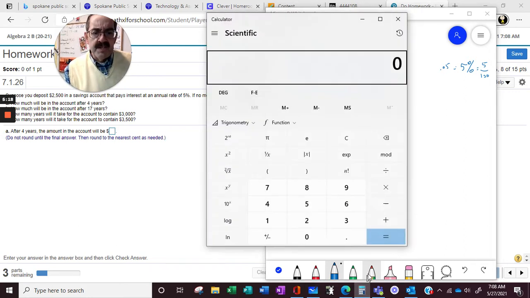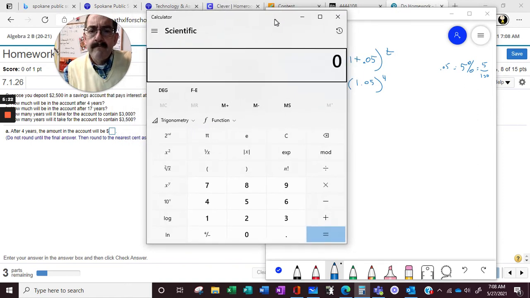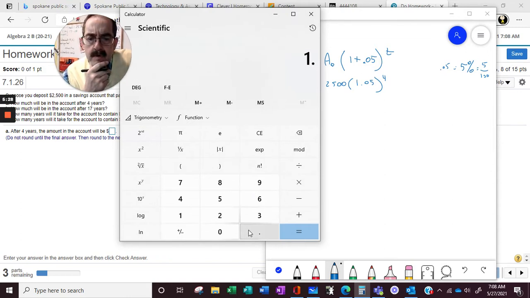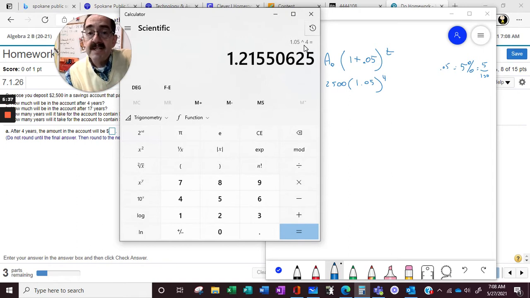So in case you don't have the fancy calculator, let's try this one. 1.05, x to the y, to the 4th power. Okay, you see how we raised to the 4th power times 2,500.